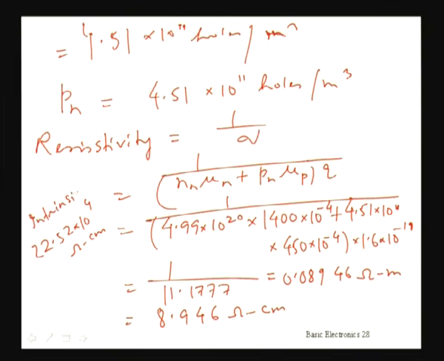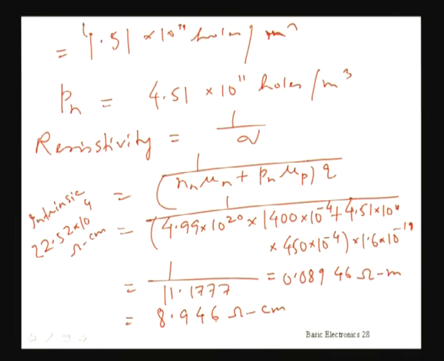That was of the intrinsic material. Now when we doped it with a material, that doping material is donor, so that doping has brought down this resistivity to 8.946 ohm centimeter.